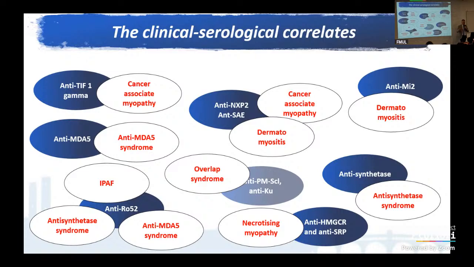So, for example, people presenting with anti-synthetase antibodies and findings that could be included in the spectrum of myositis symptoms are diagnosed with anti-synthetase syndrome. We have these antibodies that are associated with necrotizing myopathy, and so on. We are used to performing a clinical-serological correlation between autoantibodies and diagnosis. But we could have a problem, and we will see later.